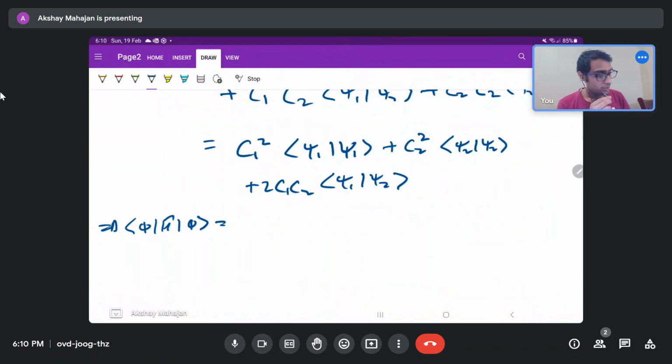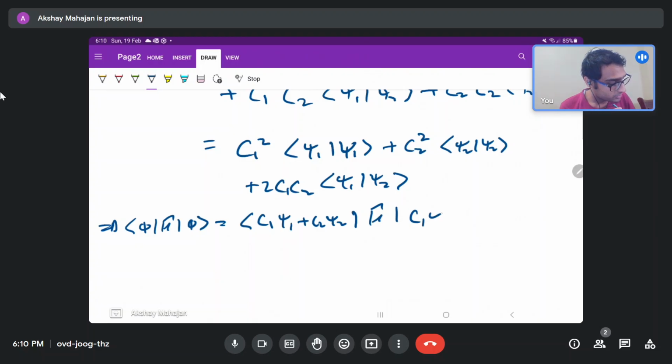Okay, so this we can solve as C1 psi1 plus C2 psi2, H cap, C1 psi1 plus C2 psi2.